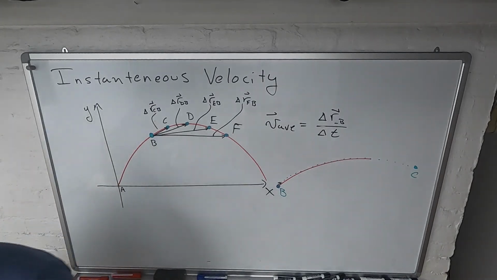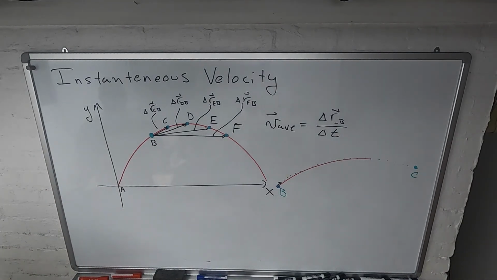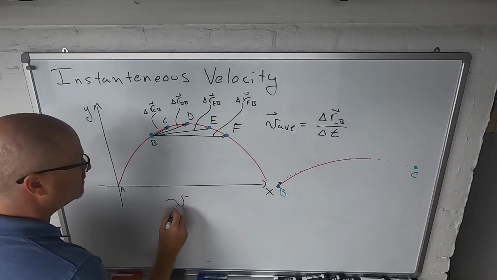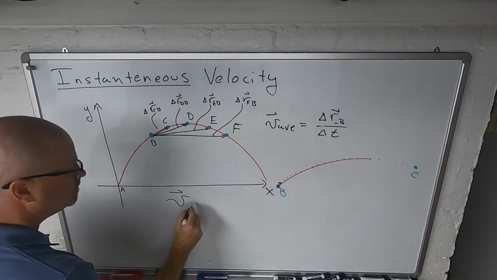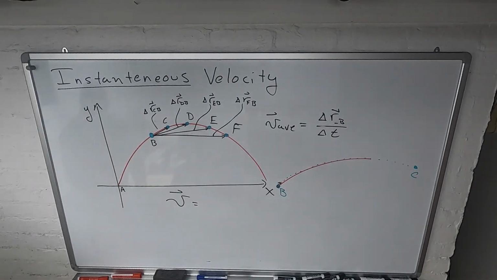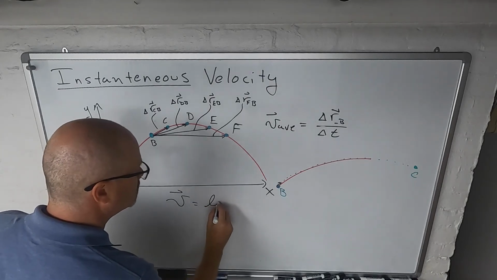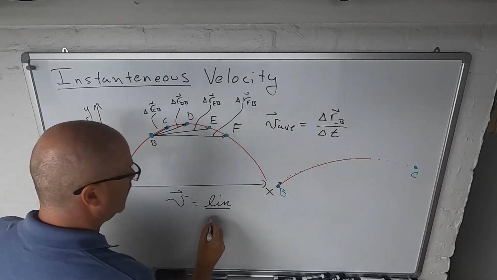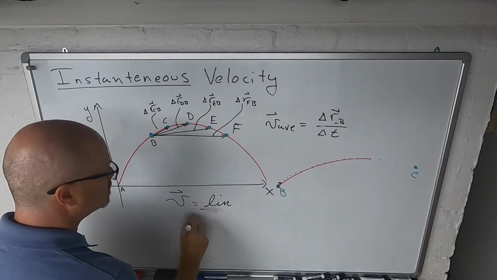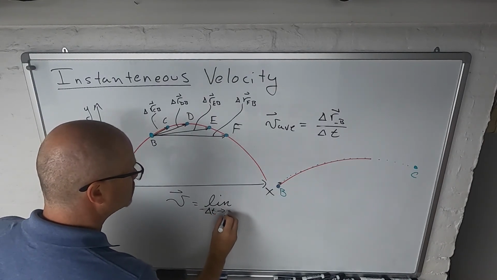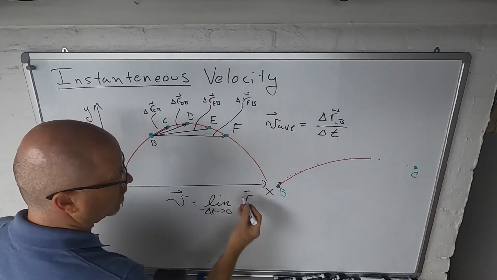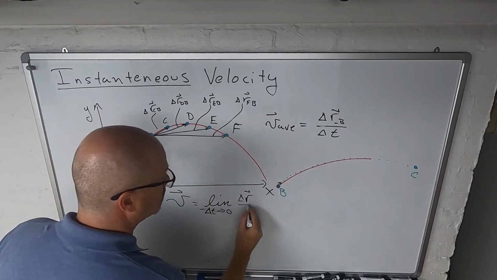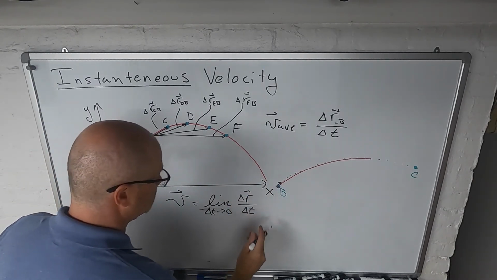So, how do we do this in practice? What does it mean to shrink an interval? Well, in calculus, we call this a limit. So V, and I'm going to call this the instantaneous velocity, V, is equal to the limit that we take as delta t goes to 0 of delta r over delta t.